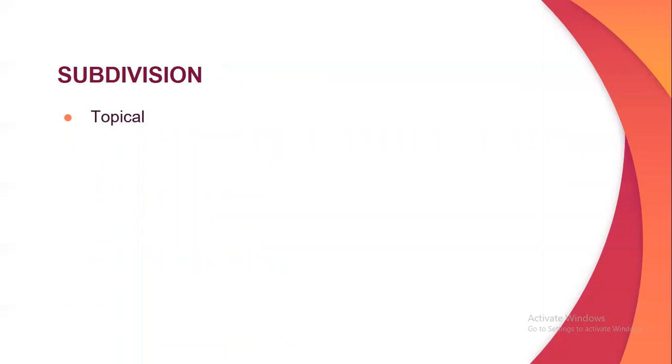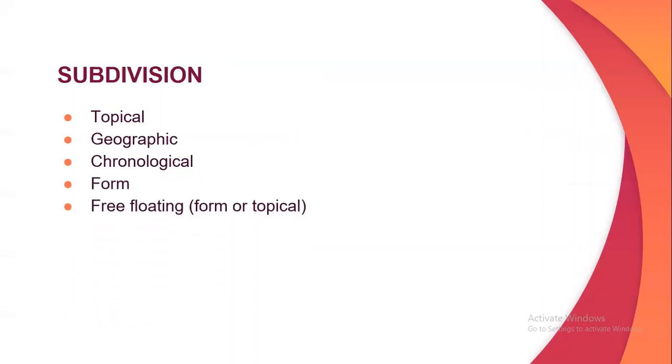There are four types of subdivision: the topical, the geographic or the place, the chronological, and the form, or the free-floating form or topical.